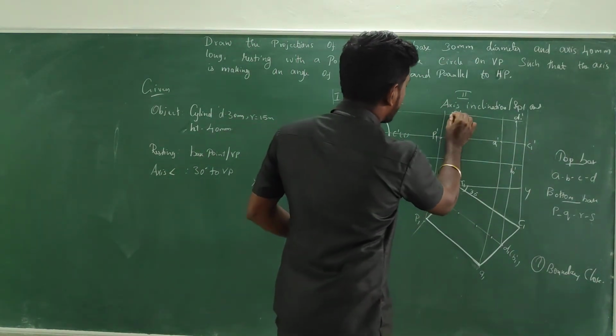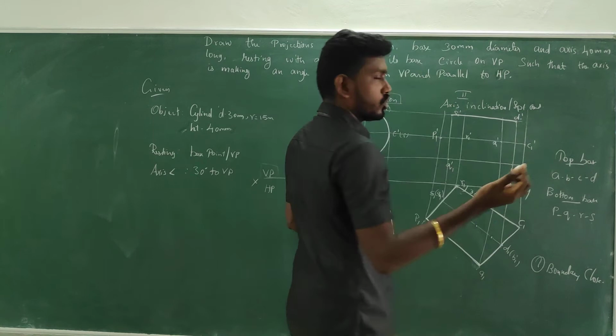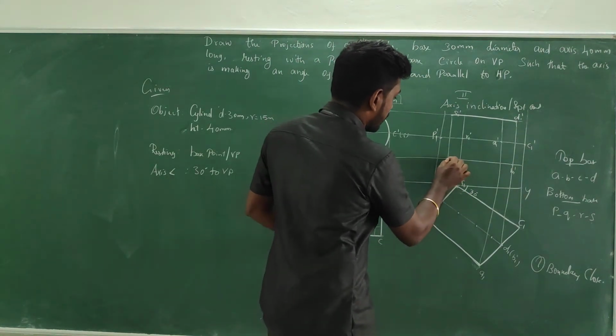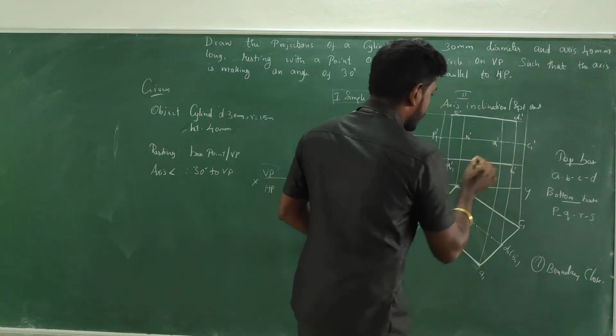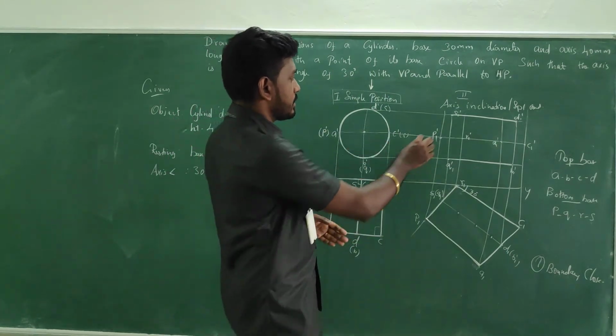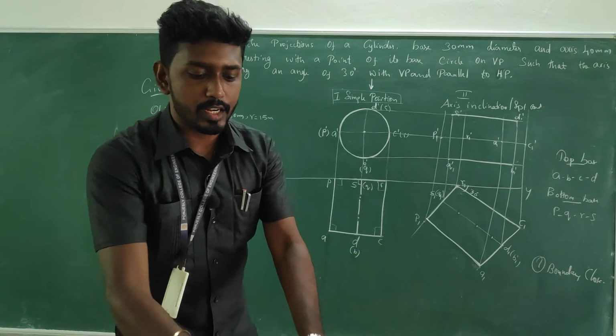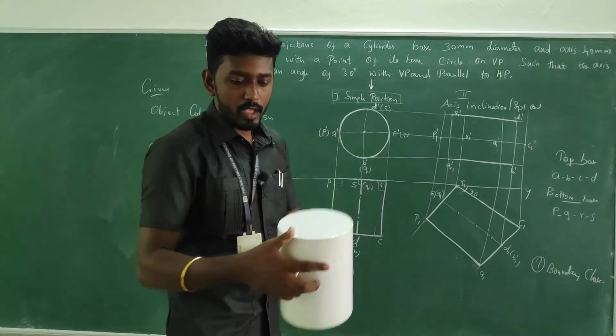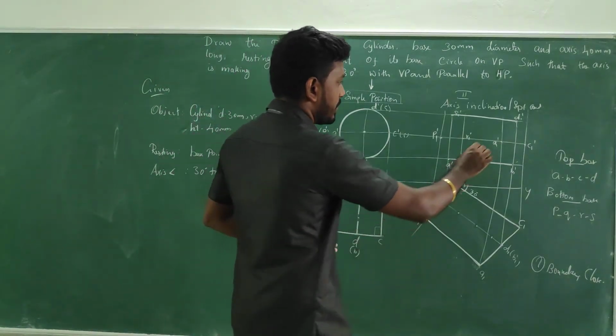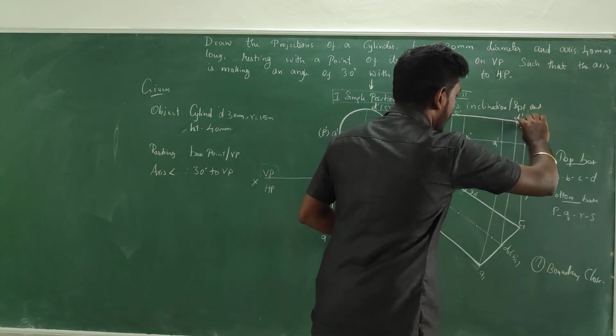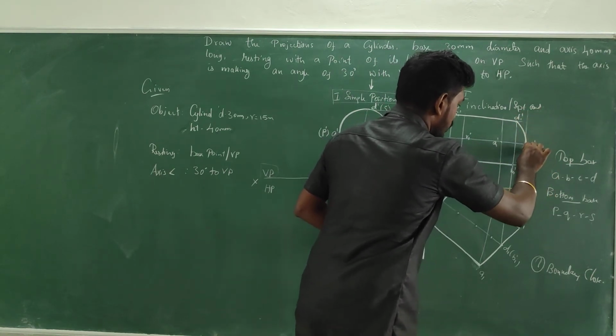Boundary in the sense, topmost line, bottommost line, these are generator lines, make them dark lines, and this consists of the bottom base and this consists of the top base. It's a circular object, so we have to connect it with free hand. D to C is a boundary, and C to B as well.